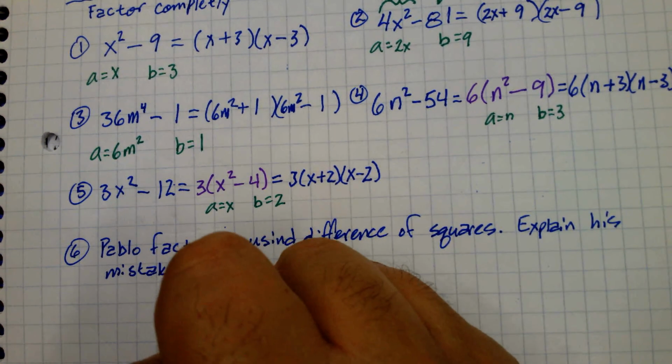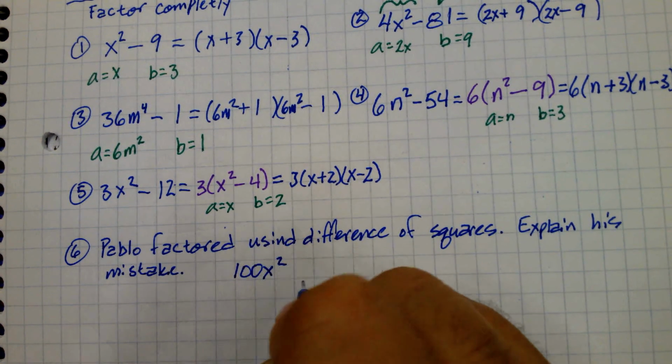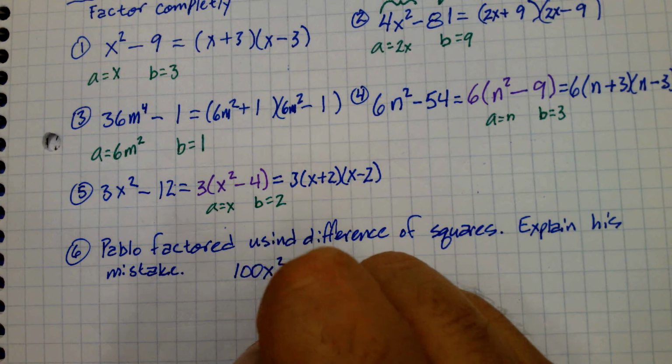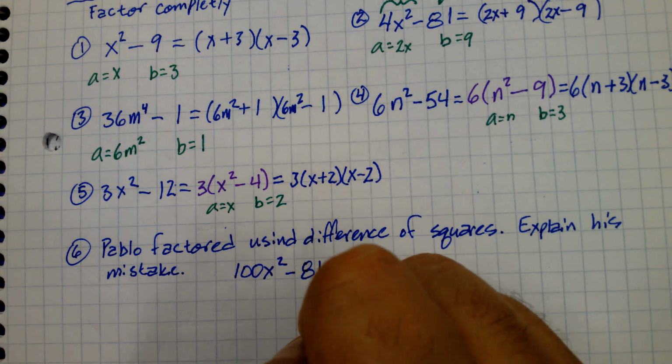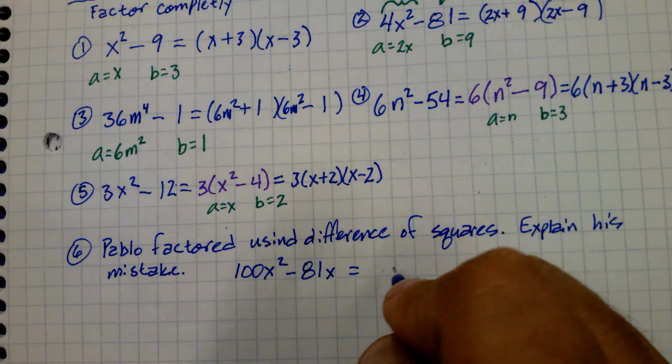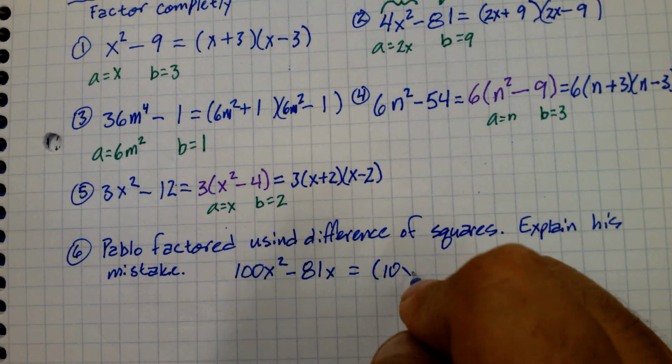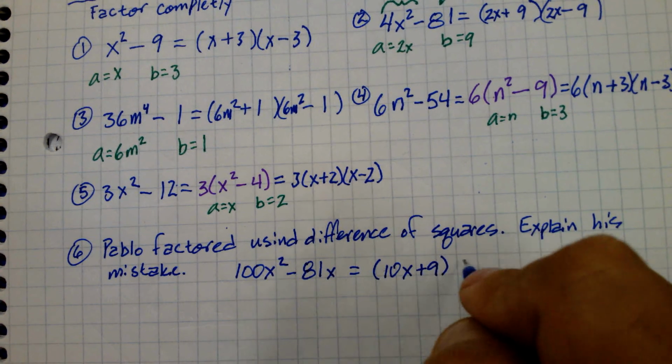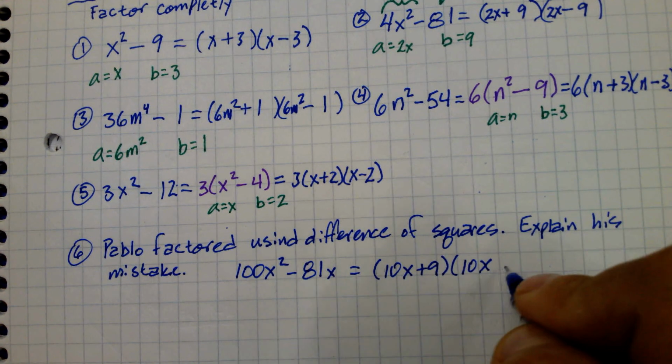So you had 100x squared minus 81x, and he came up with 10x plus 9, 10x minus 9.